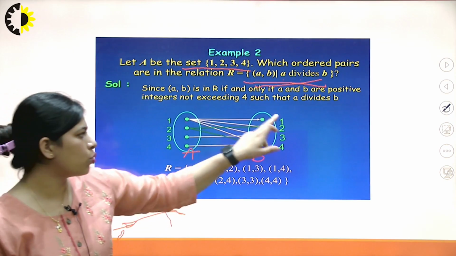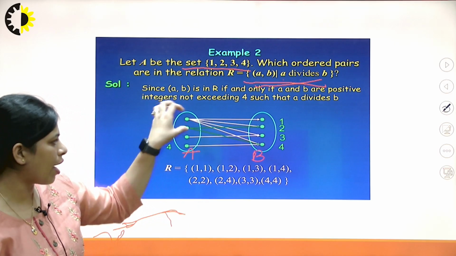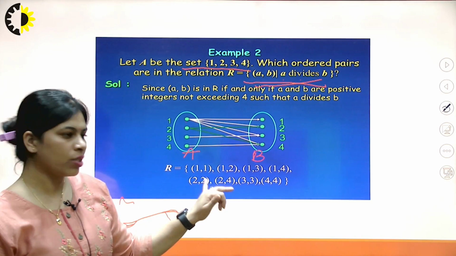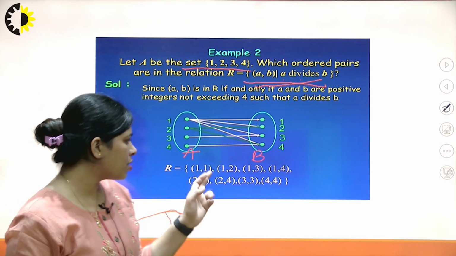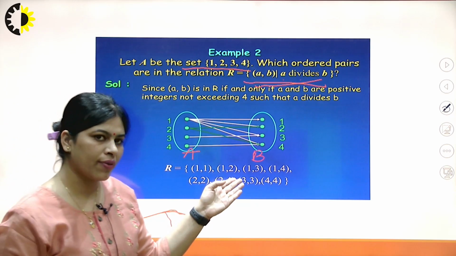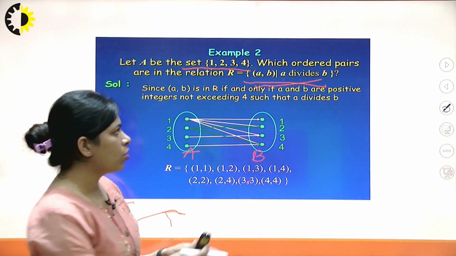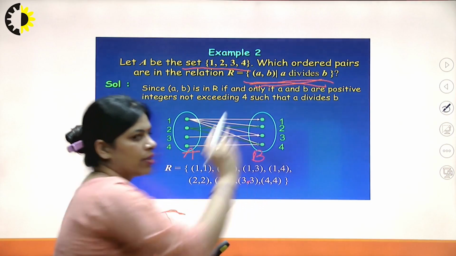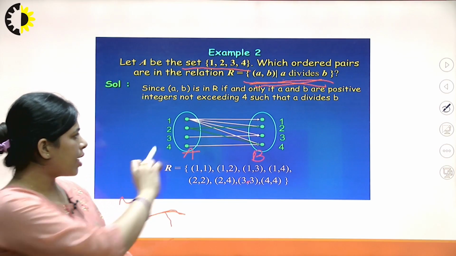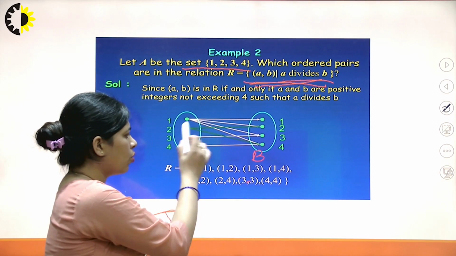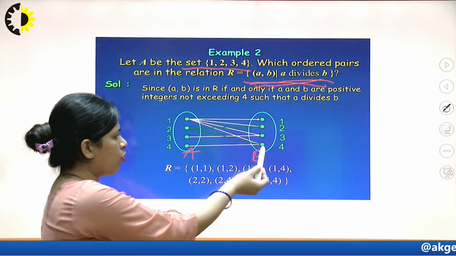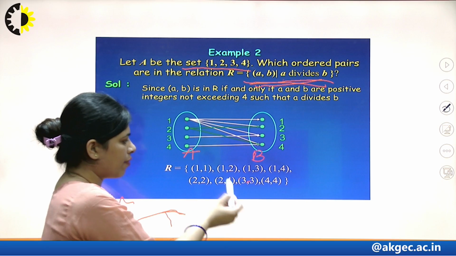So 1, 2, 3, 4 can be divided by 1, so we have taken the ordered pairs with 1: (1, 2), (1, 3), (1, 4), meaning 1 is divided by 1, 2 can be divided by 1, 3 can be divided by 1. So we satisfy this property. Then second, 2 can be divided by 2, so we have taken (2, 2). And 4 can be divided by 2, so we have taken (2, 4).